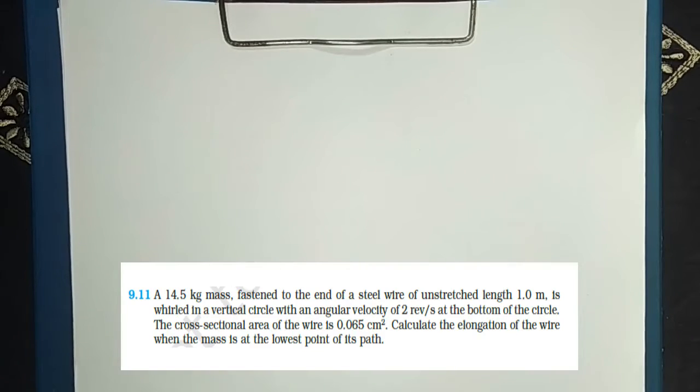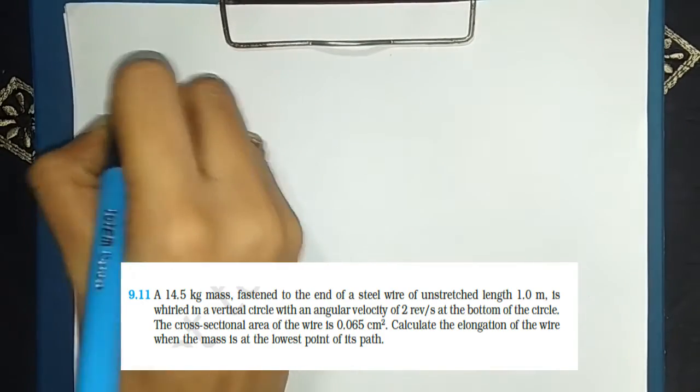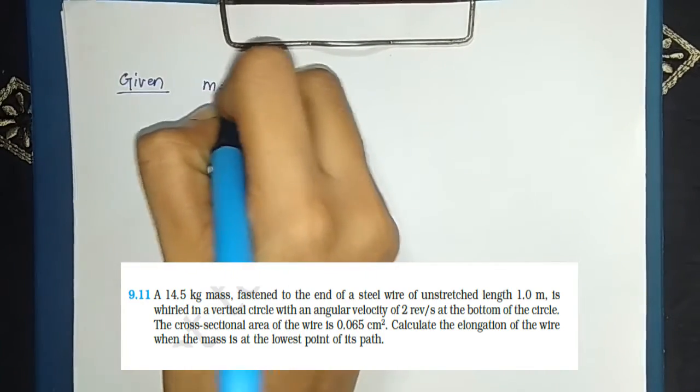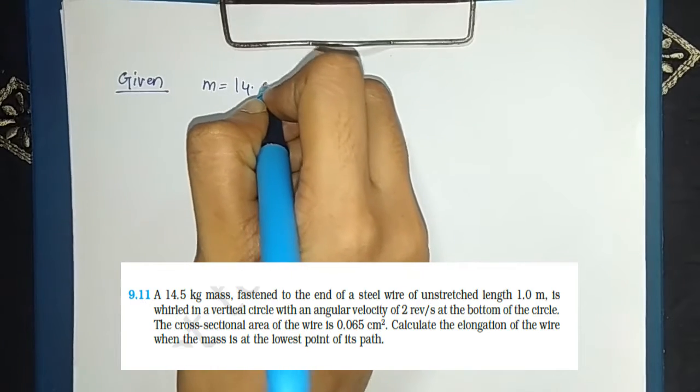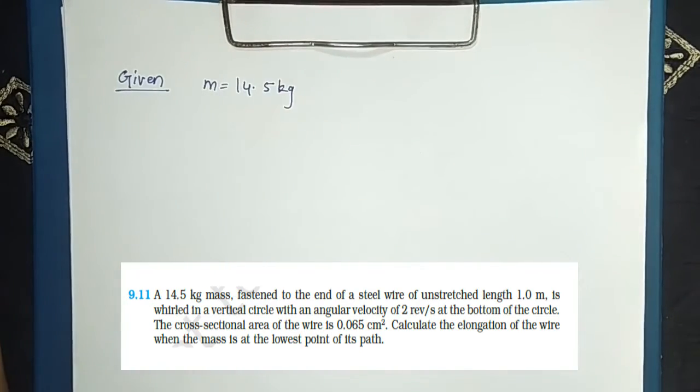Problem 9.11 says a 14.5 kg mass. Let's write the given quantities. Given is mass, which is 14.5 kg, fastened to the end of a steel wire of unstretched length 1 meter.